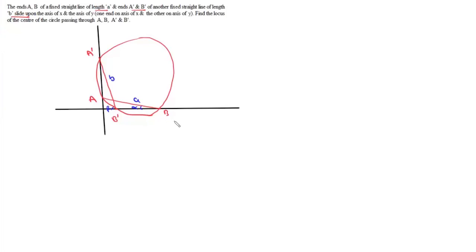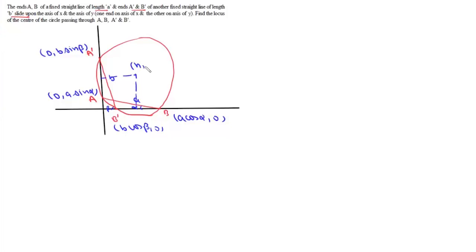So we can write coordinate of this point B as a cos alpha comma 0, and coordinate of A will then be 0 comma a sin alpha, and here this B dash will be b cos beta comma 0, and this A dash will be 0 comma b sin beta.